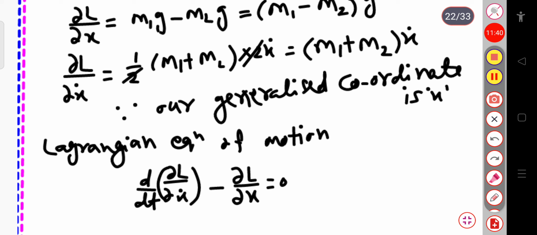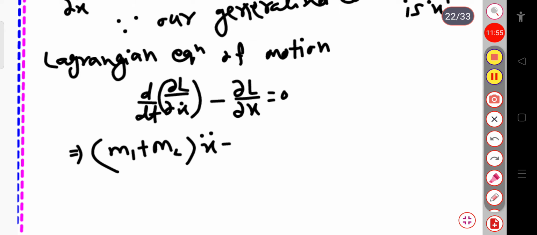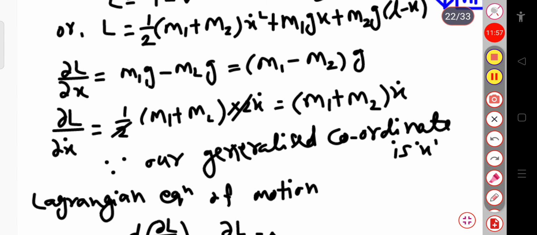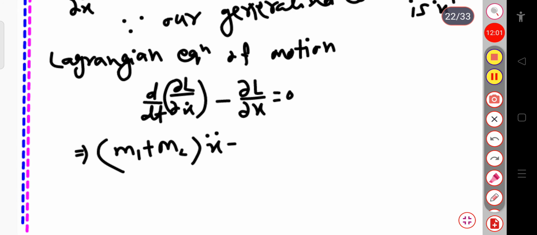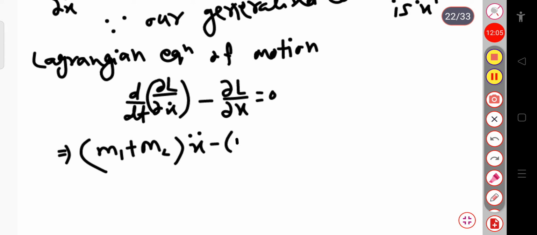Since m1 plus m2 is constant, this gives x double dot. So this will be (m1 plus m2) whole into x double dot minus dou L by dou x, which from the expression is (m1 minus m2) whole into g, and that is equal to 0.